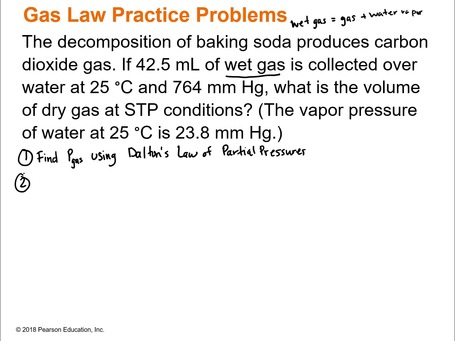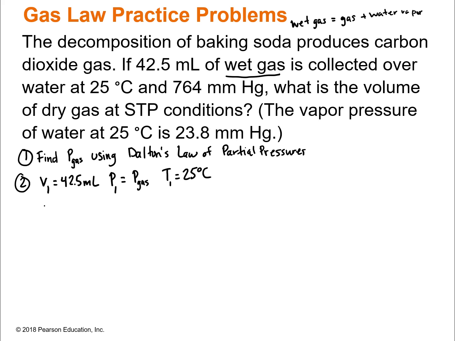The second step, we're using a different gas law. So if we look at the information we have, a volume, 42.5 milliliters. The pressure, we're going to find that. That's the P gas from before. And we have a temperature of 25 degrees Celsius.